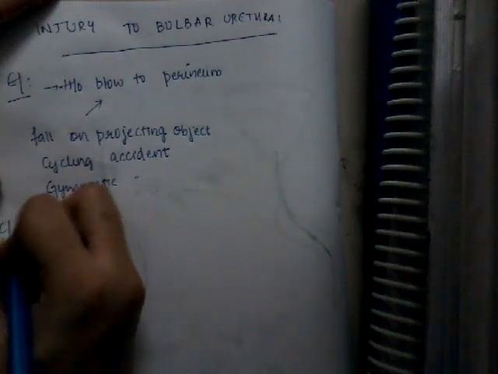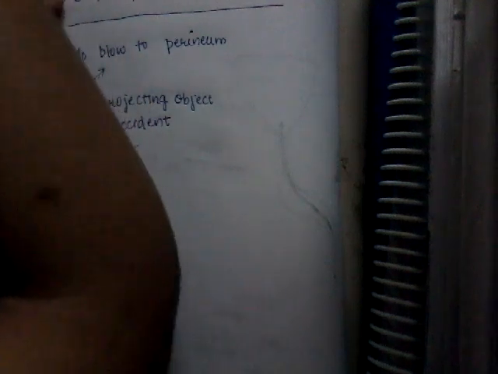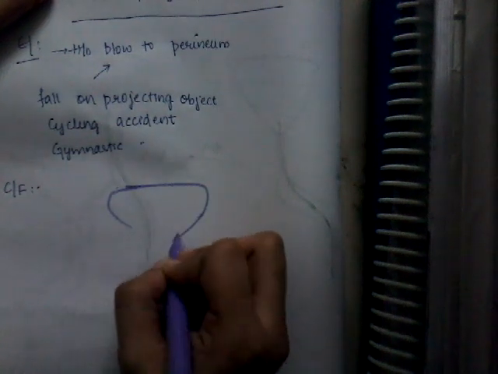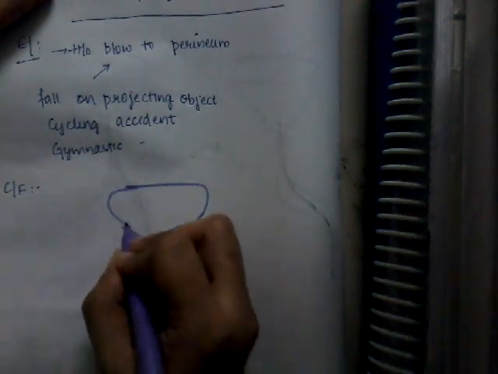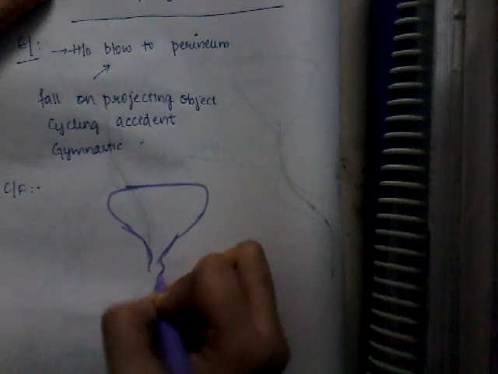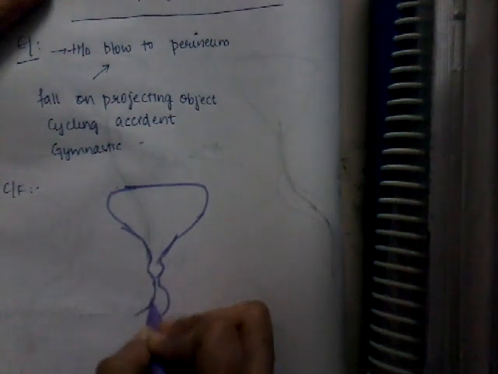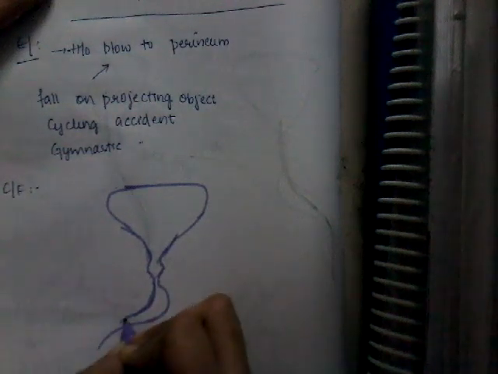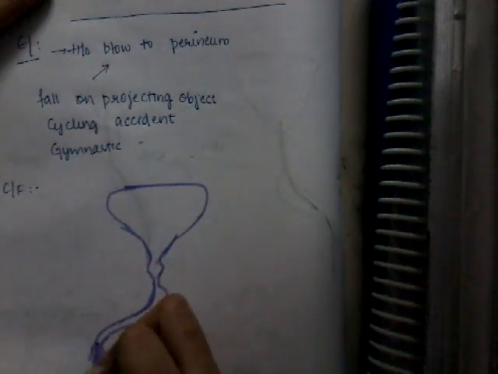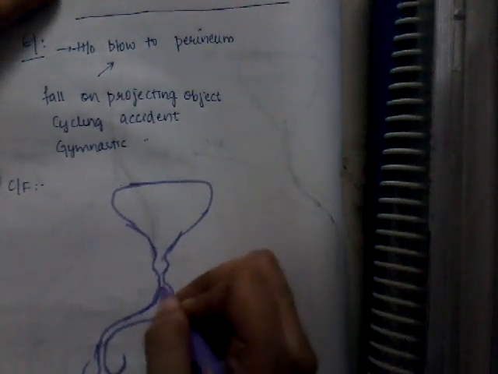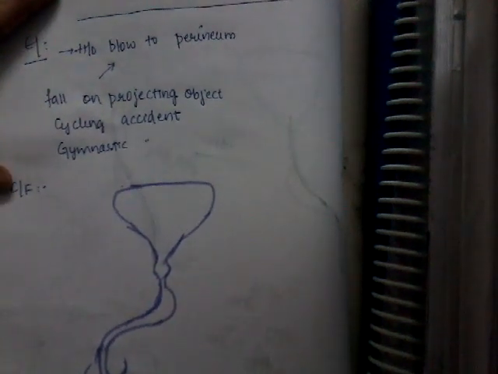So what are the clinical features? Here, these are similar to the previous one. If you see, this is the bladder, this is the prostatic urethra, membranous urethra, bulbar urethra and penile urethra.